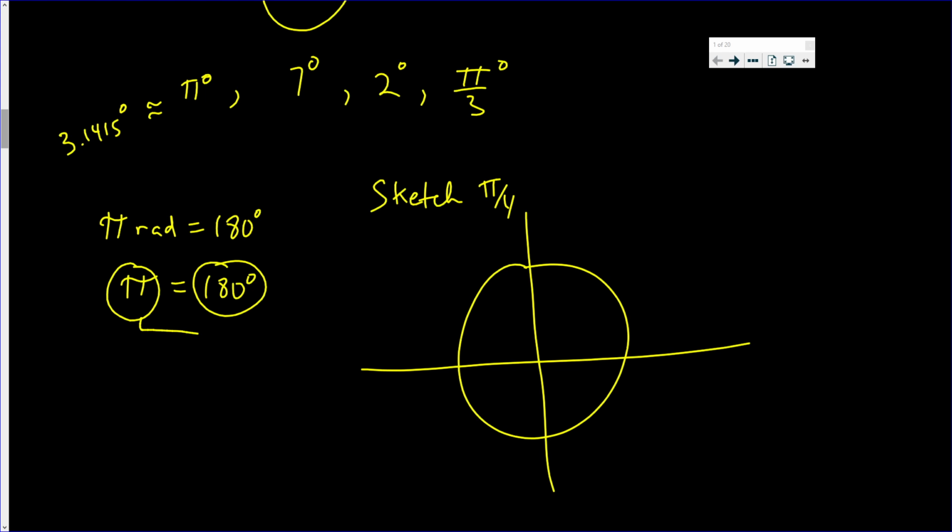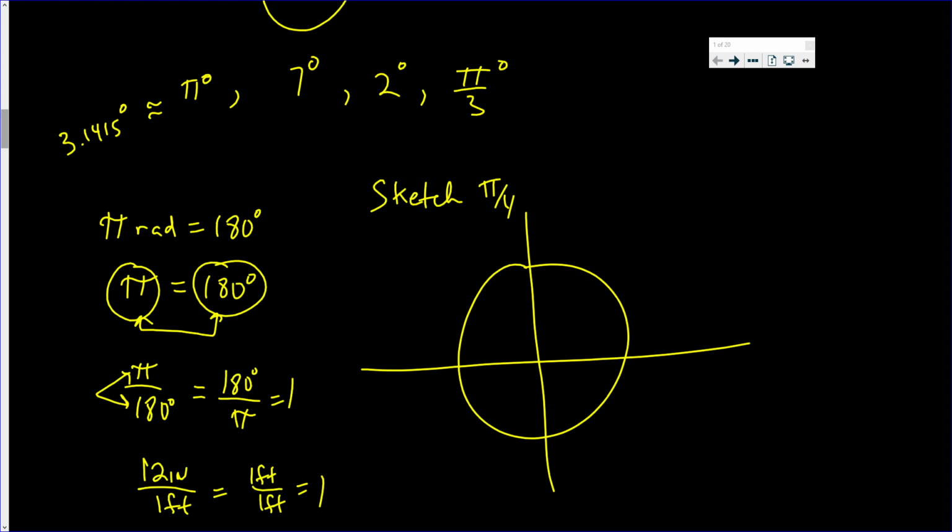Now, if these two quantities are equal, that means pi over 180 degrees, or 180 degrees over pi, equals 1. If the top and the bottom are equal, you get 1. 12 inches divided by 1 foot is equal to 1. Nobody will disagree that 12 inches is a foot, and when you divide by a foot, you get 1.